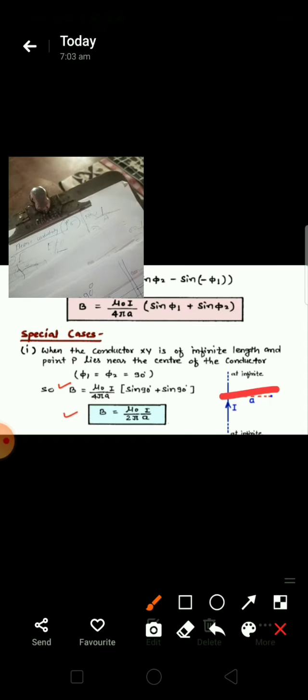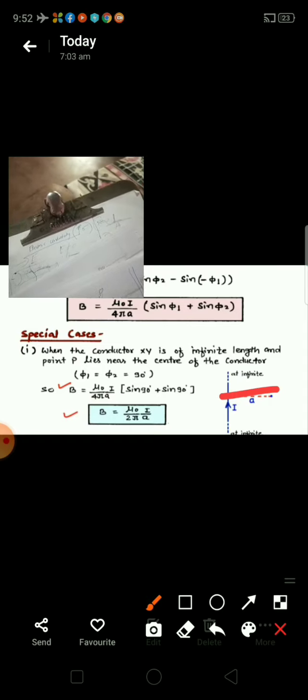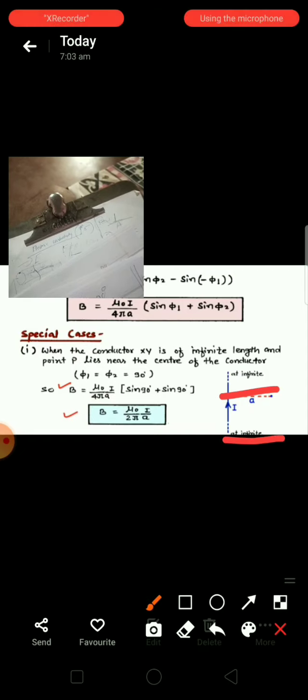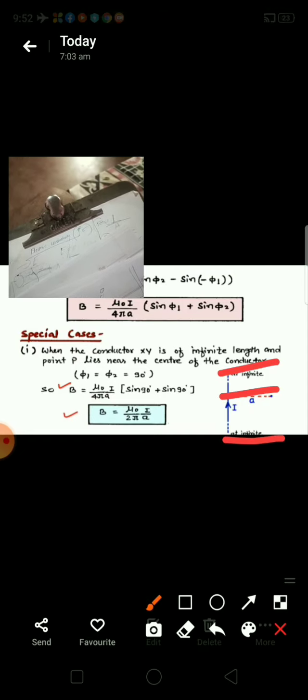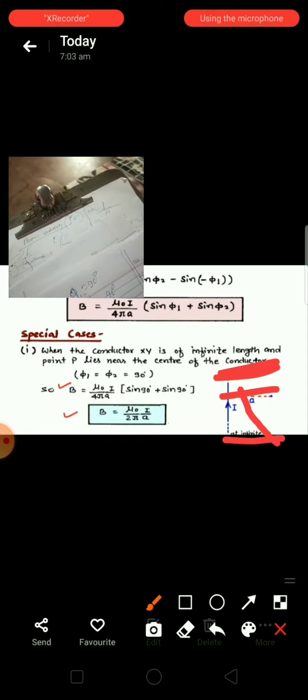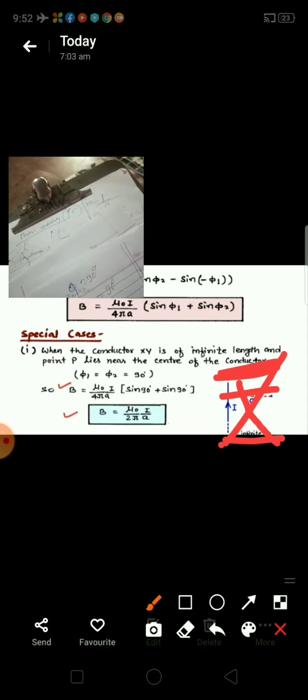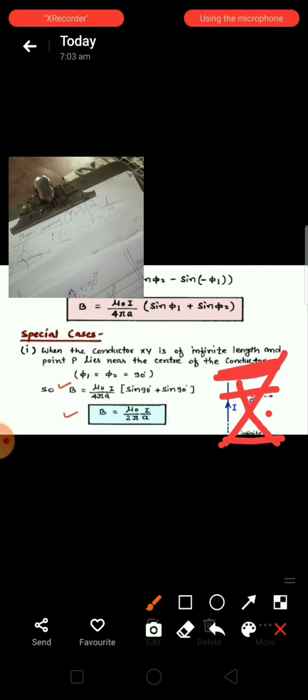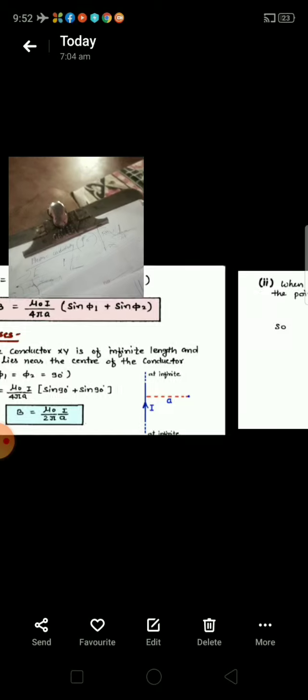There is another case, where we take one end of the conductor, here or here. One of the angles is 90 degrees, and the other angle is very small, so it is 0 degrees.